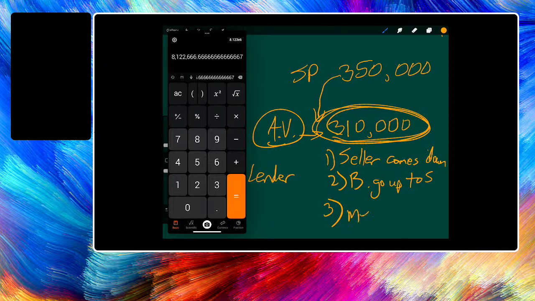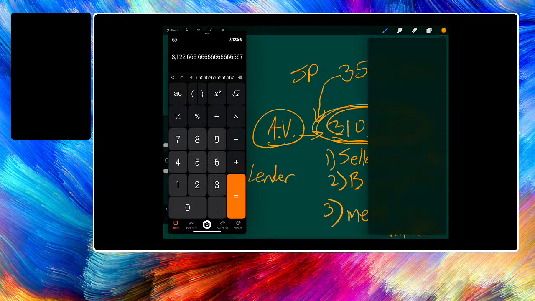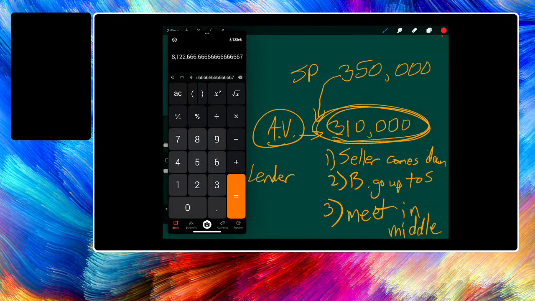Or they meet somewhere in the middle. That, before this crazy market, was the more common solution. The seller would say, well, I won't come all the way down to $310. I'll come down to, let's say, $330. I'll drop to $330.